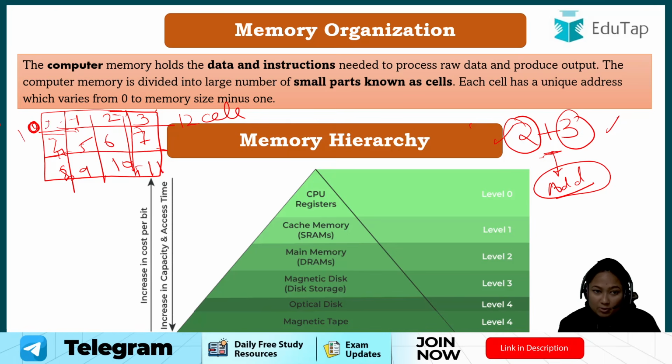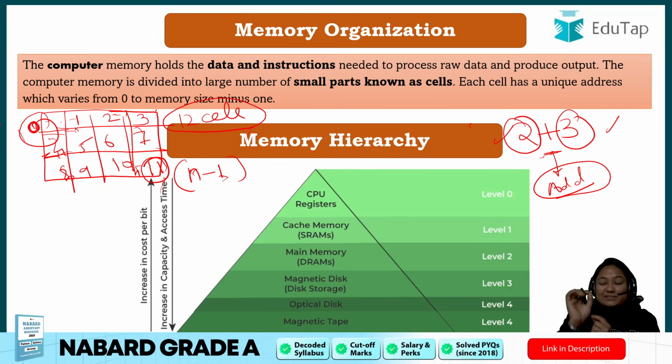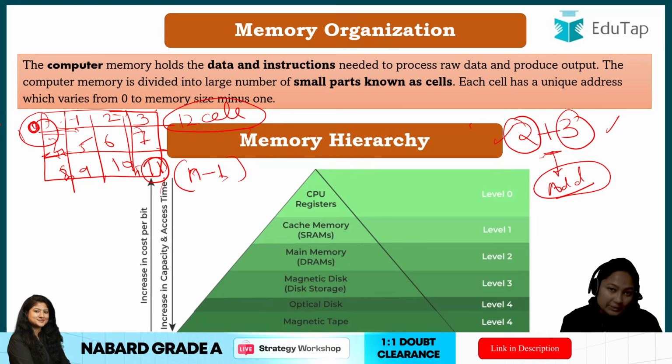So naming goes from 0 to n minus 1. The total number of cells was 12, and 12 minus 1 is 11. Although the cells are totally 12, since we start the naming from 0, not 1, the number goes up to 11. That is n minus 1.